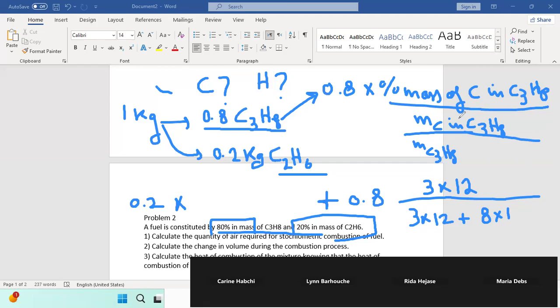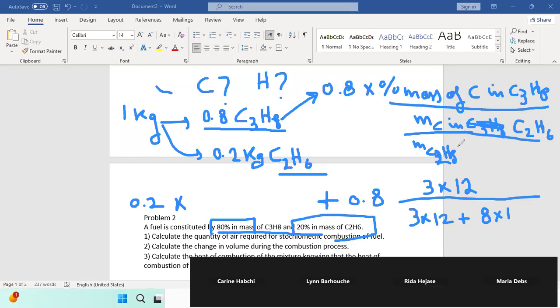To get it, we do the same method, but instead of considering a kilomole of C3H8, we consider 1 kilomole of C2H6 over the mass of 1 kilomole of C2H6.